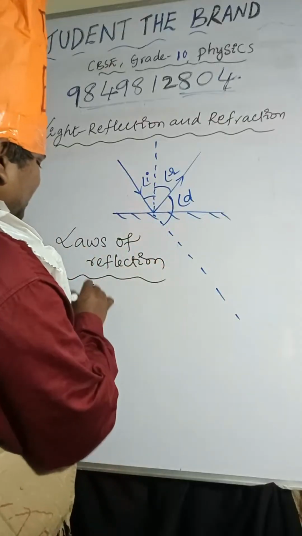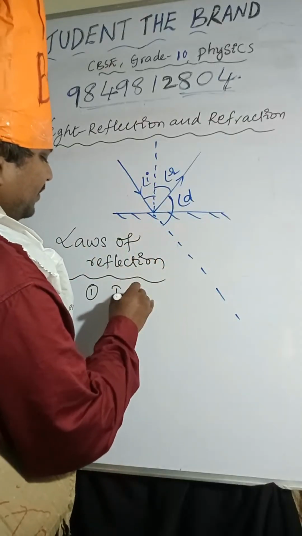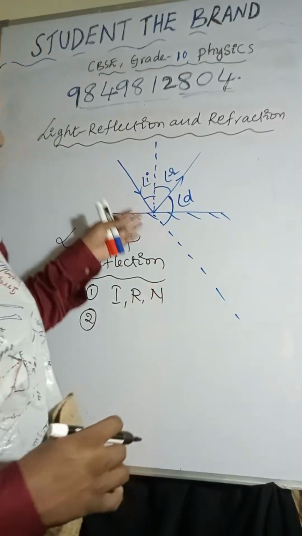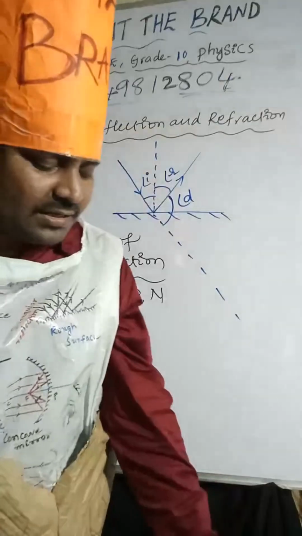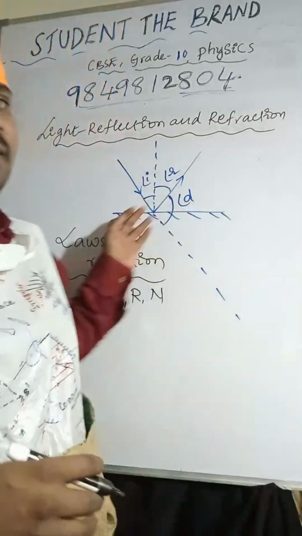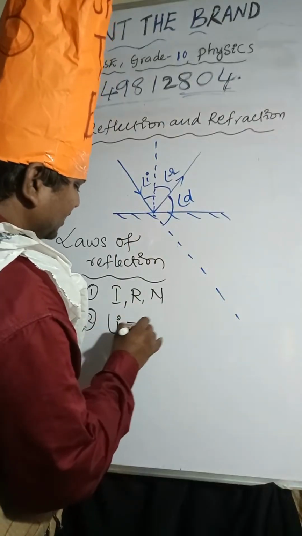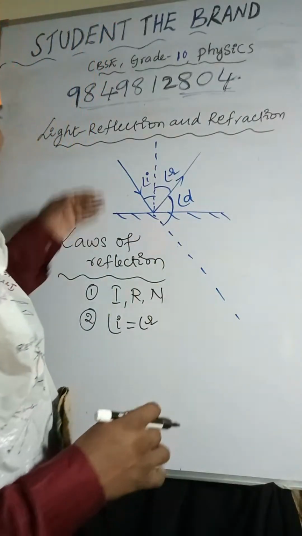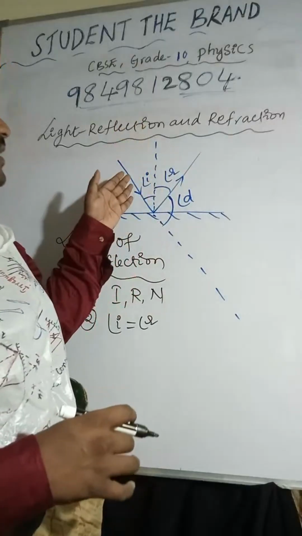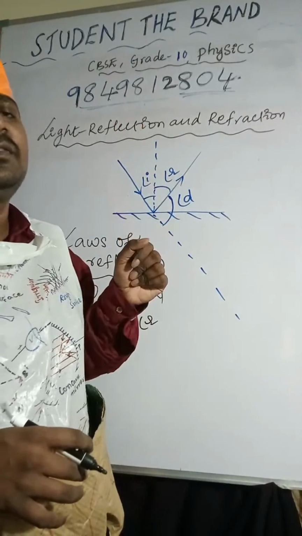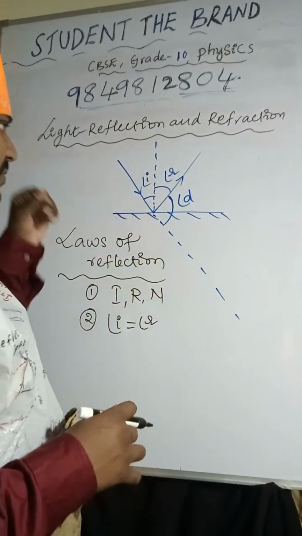Point number two: the angle of incidence is equal to the angle of reflection. So these are the laws of reflection.